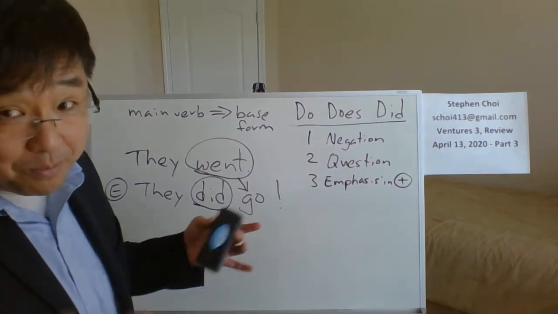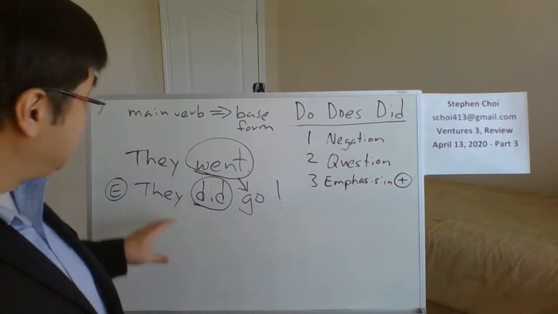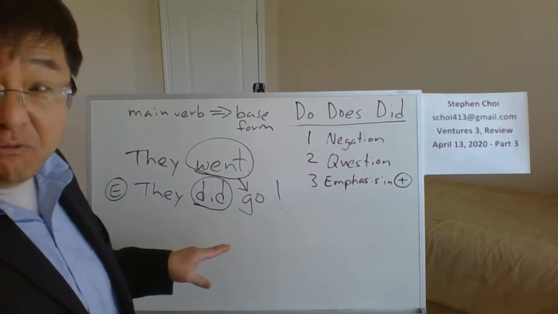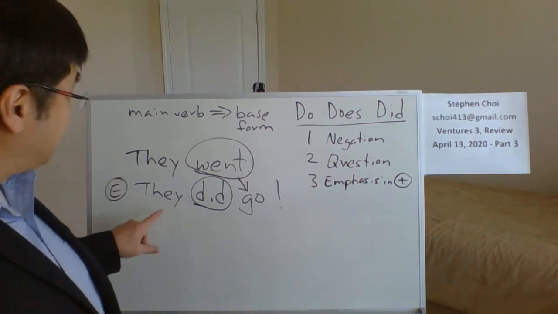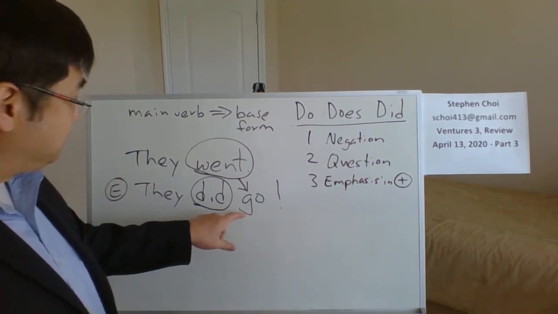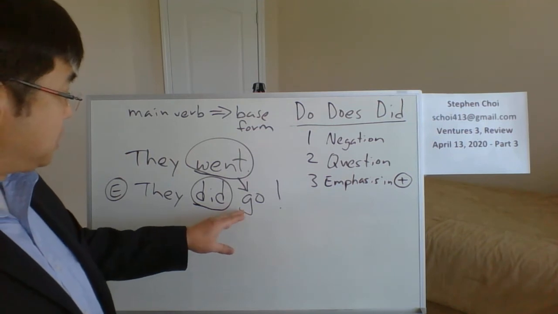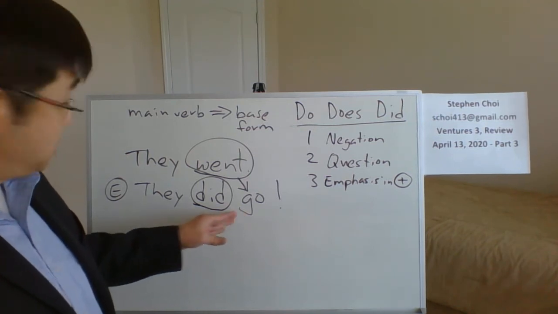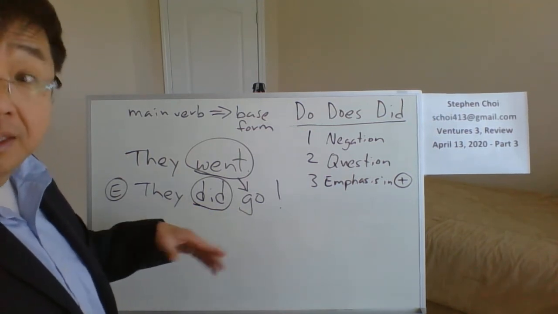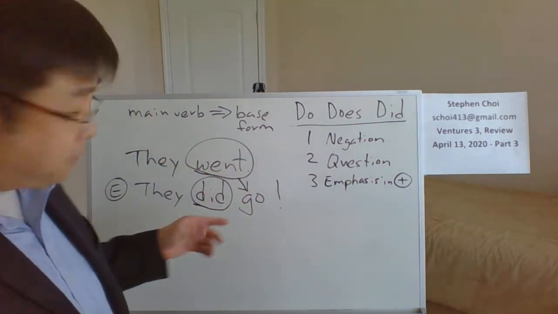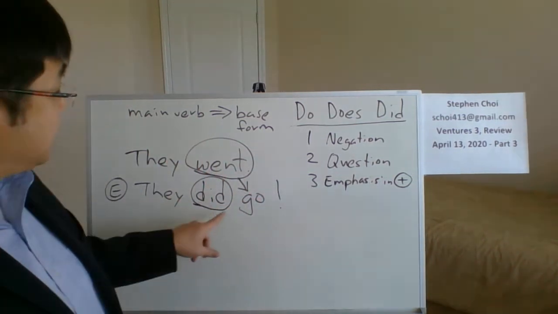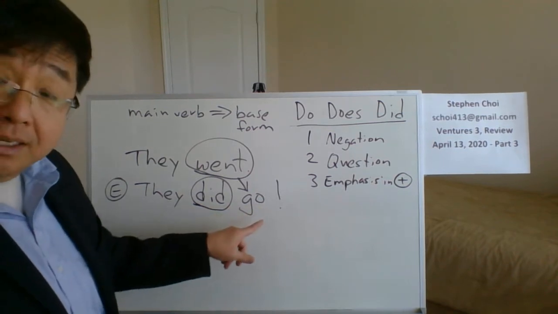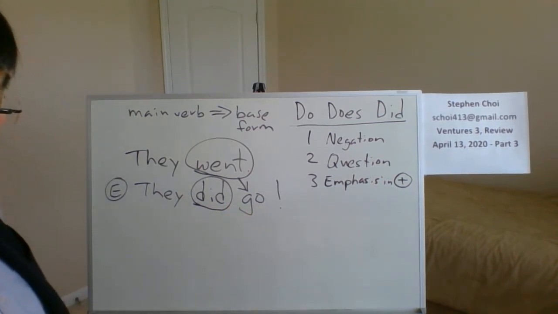You hear Americans make mistakes like that all the time. Yes, they did went, or yes, they have went. But you don't want to do that. You wanna make it into the base form in the simple past, and then use gone for present perfect. So they did go, not they did went. Very good. Easy enough.